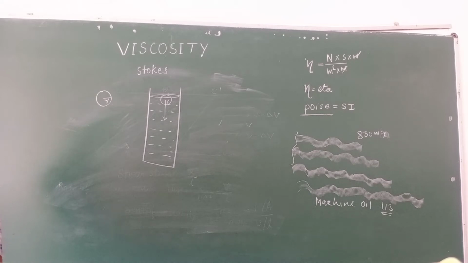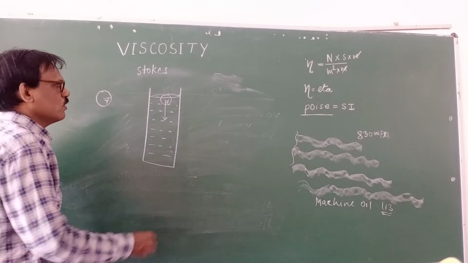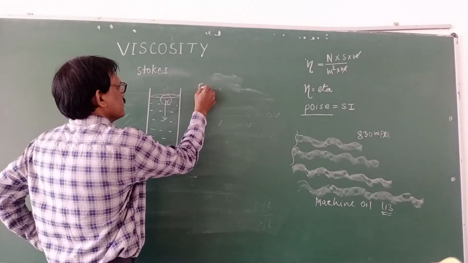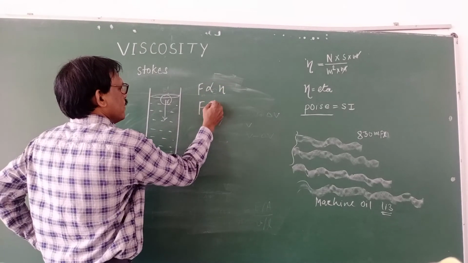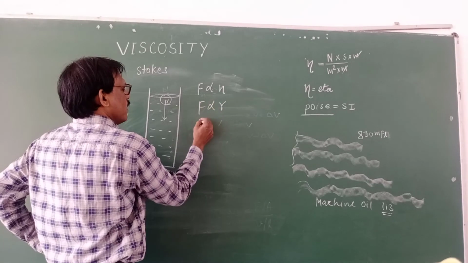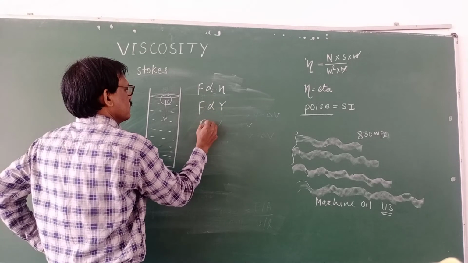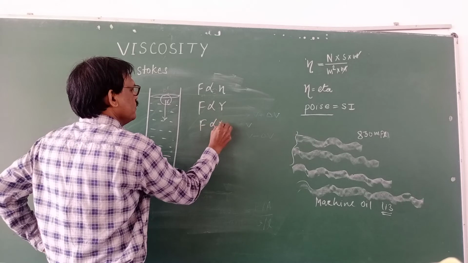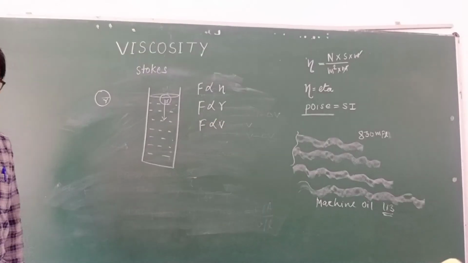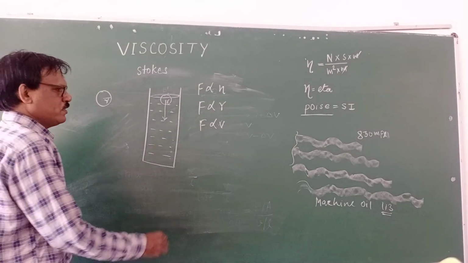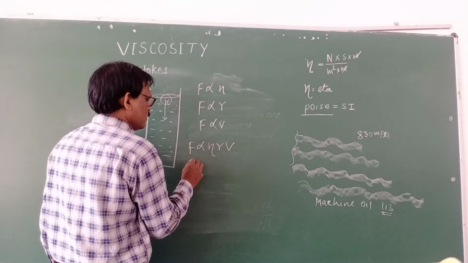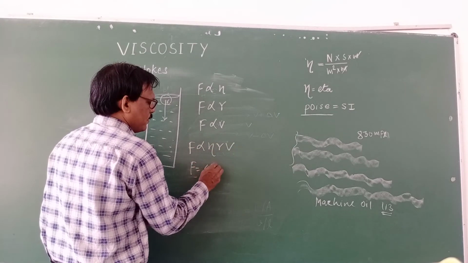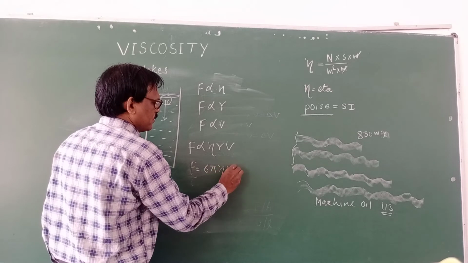When a steel ball is moving here, according to Stokes law, a force acts on it. That force is directly proportional to eta, to r, and to v, the velocity. If we join this, F is directly proportional to eta r v. To remove the proportionality sign, take one constant, 6 pi: F = 6 pi eta r v.